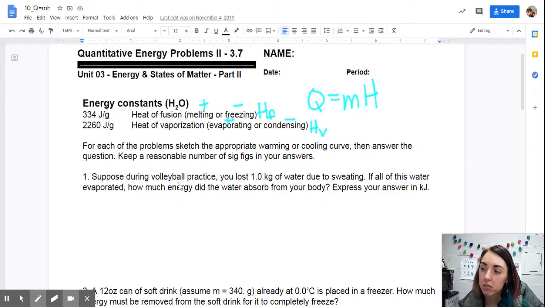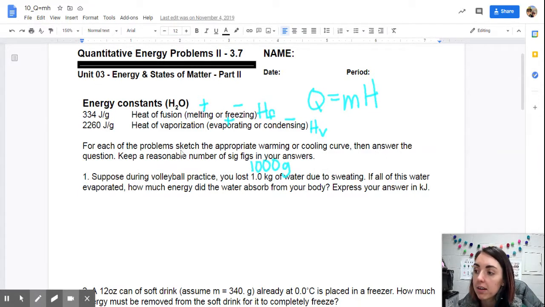It says, suppose during volleyball practice you lost 1 kilogram of water. Now when I see kilogram, I'm going to automatically change that to grams. Remember, anytime you see the prefix kilo, whether it's kilograms, kilojoules, or kilometer, if you multiply by 1,000, that takes it back to the base unit, because there are 1,000 base units in a kilo. So 1,000 grams in a kilogram.